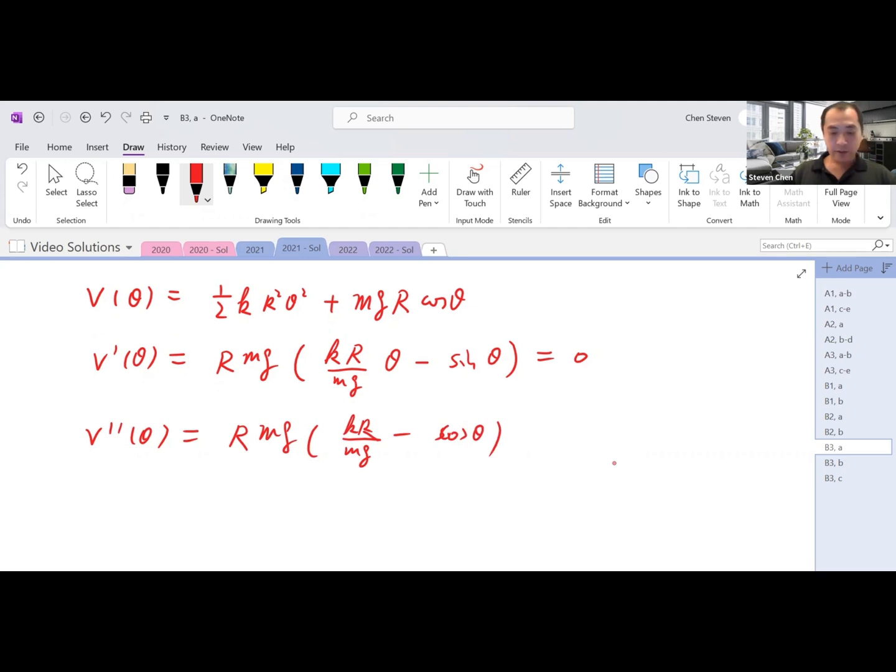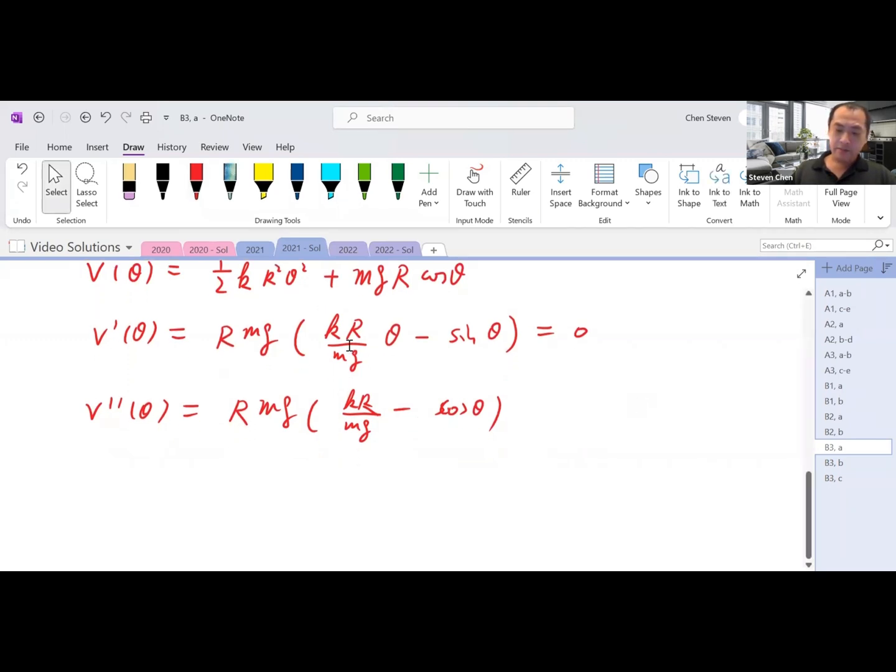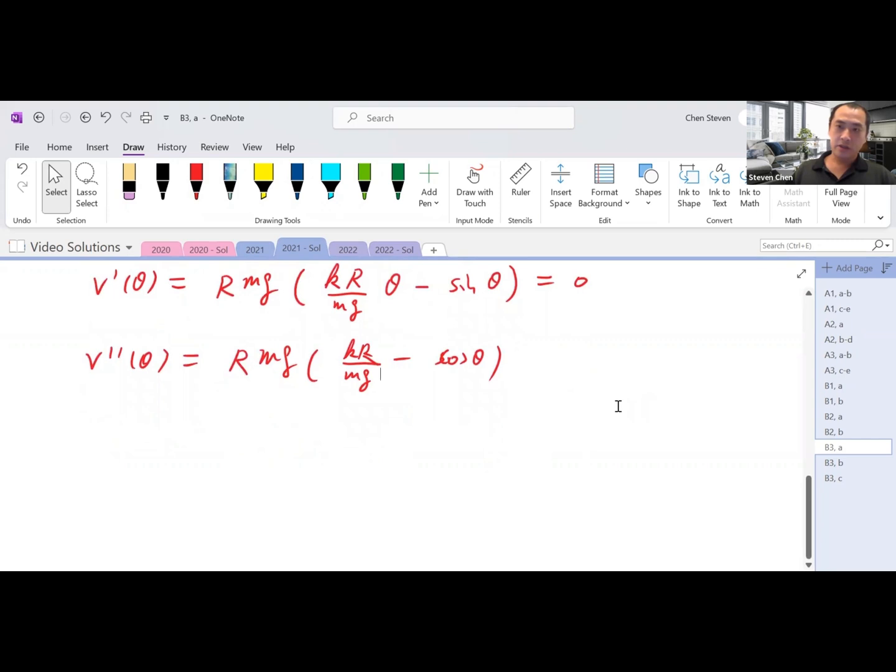All right, so let's look at the first order derivative and see when it is equal to 0. We just need to look at the parentheses, right? There are two terms, so obviously there's no closed form solution. So maybe the good way to find the number of equilibria is to draw a diagram of the functions sine theta and theta.